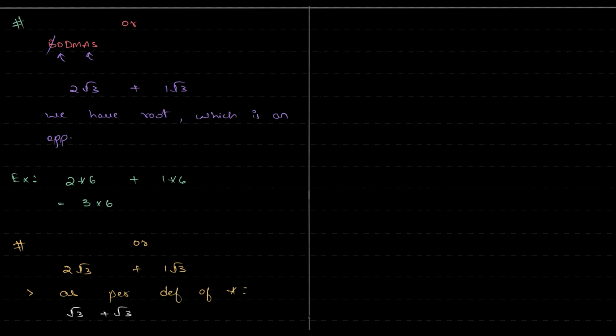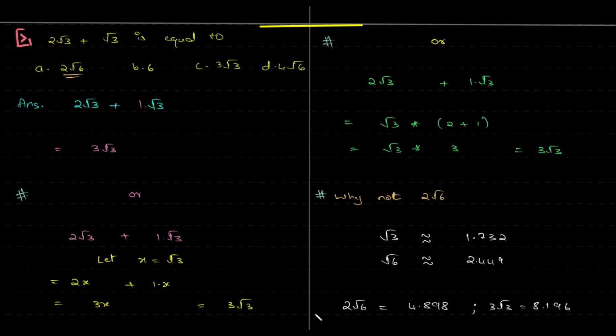And we have plus root 3, the last term. So root 3 plus root 3 plus root 3 is nothing but 3 times root 3. Is it not? I hope I made it very clear that we have 2 root 3 plus 1 root 3 as 3 root 3.